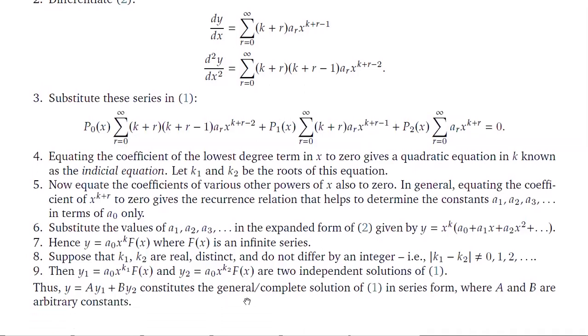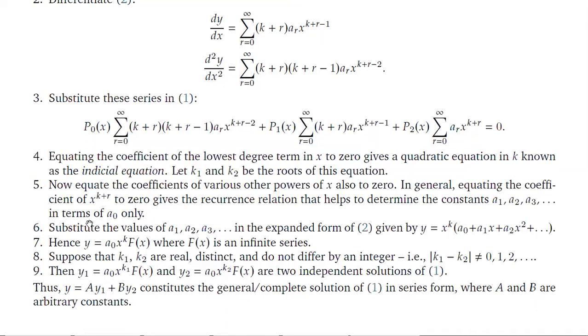In order to get the complete solution, we combine these two solutions. So the general solution for the given differential equation is y = a y1 + b y2, where a and b are arbitrary constants.